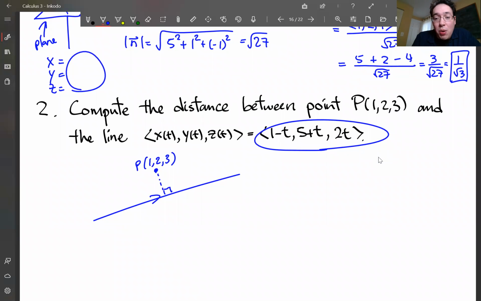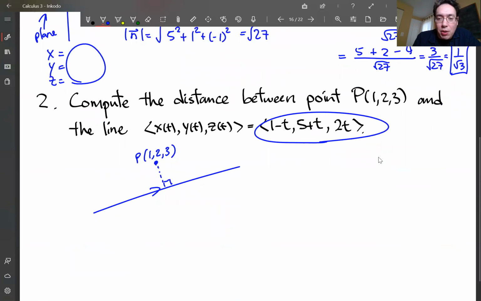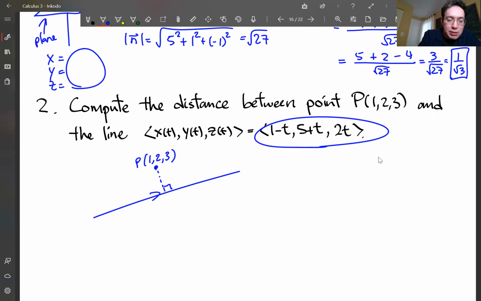Okay, so you could do this problem in a similar way as I did last time. So I know a point on the line, right? 1, 5, 0.